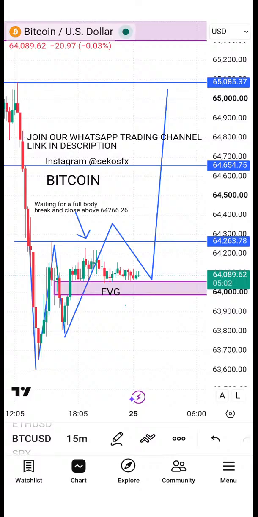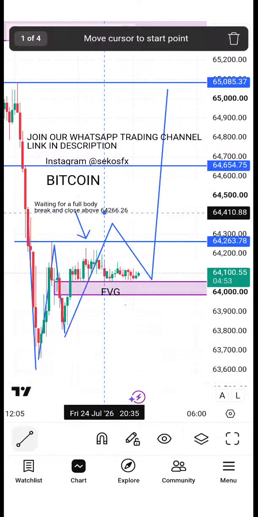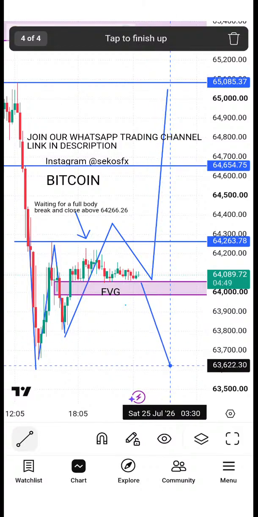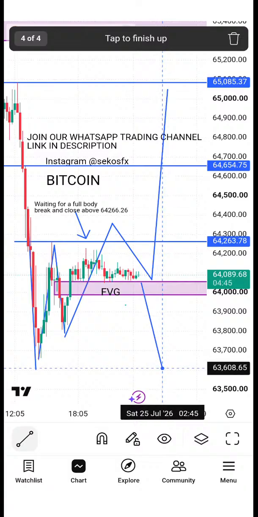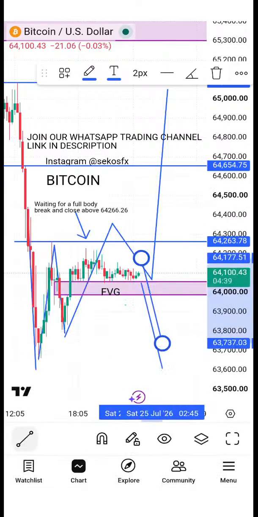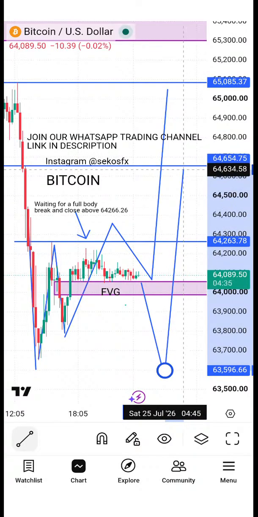Yes, Bitcoin can drop, guys. Like I said earlier, Bitcoin can shoot to this zone. It can sweep liquidity. Then from this zone, shoot up.